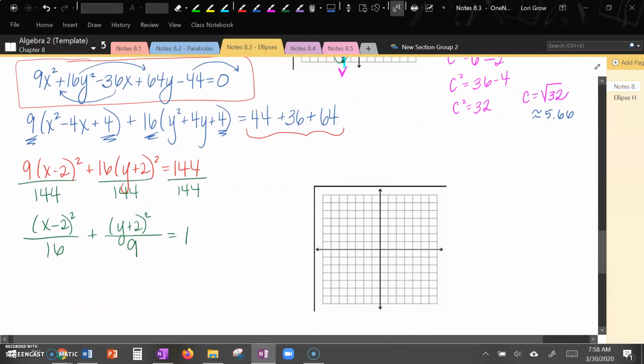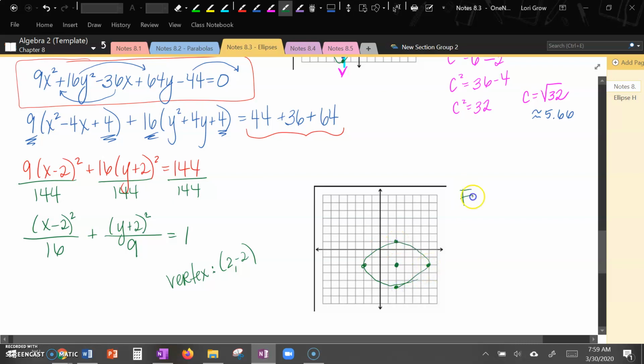Okay, so when I get ready to graph this, the vertex is going to be at 2, -2. I'm going to go 4 in the x direction. I'm going to go 3 in the y direction. And here is my ellipse.